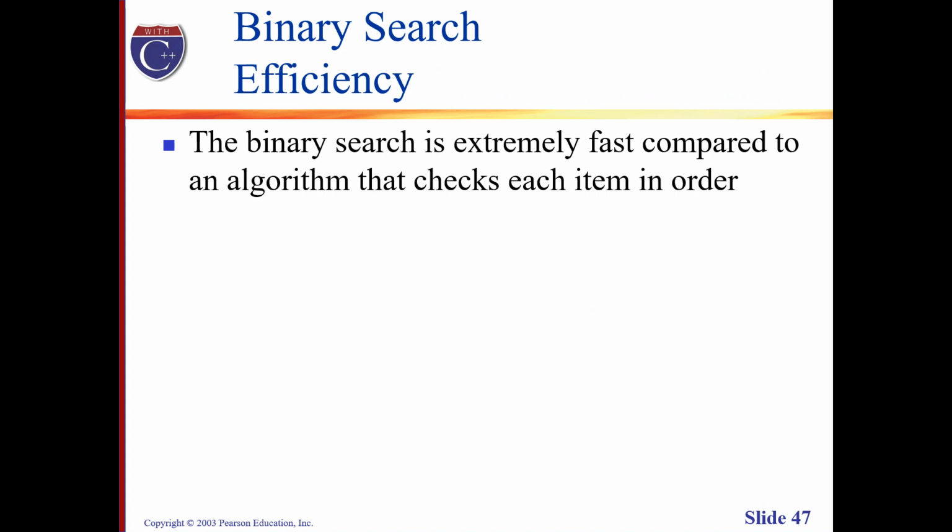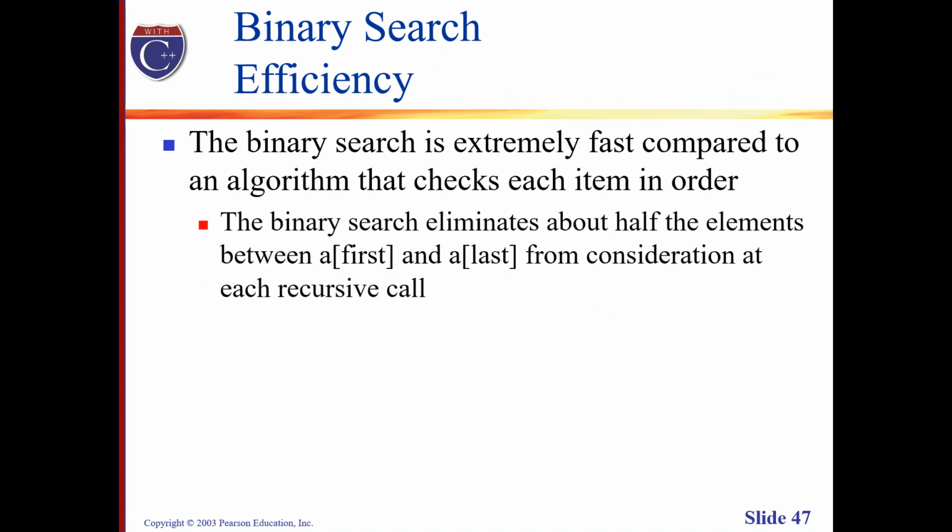How about the efficiency of binary search? The binary search is actually extremely fast compared to an algorithm that checks each item in order. The binary search eliminates about half the elements between the first and last elements from consideration at each recursive call.